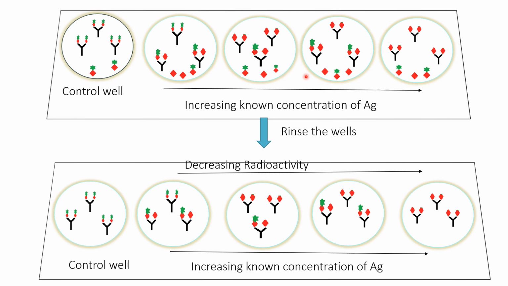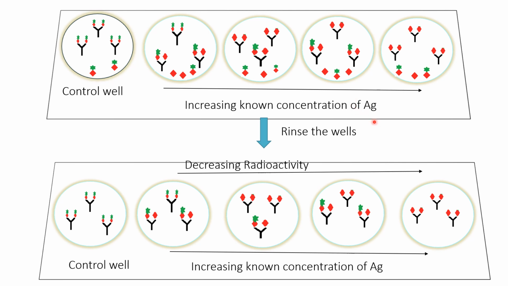But along with this, we will add an increasing known concentration of unlabeled antigen. That means except the first well, all the 4 wells have a fixed amount of radio-labeled antigen, but they have increasing concentrations of unlabeled antigen.